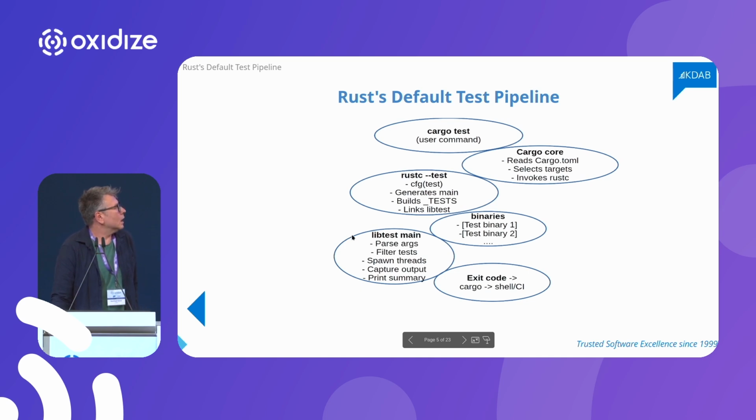Then at runtime libtest will basically print our test results, pass arguments, and do a lot of other things. But as soon as you need to override the main function here, you will lose this automatic test discovery.